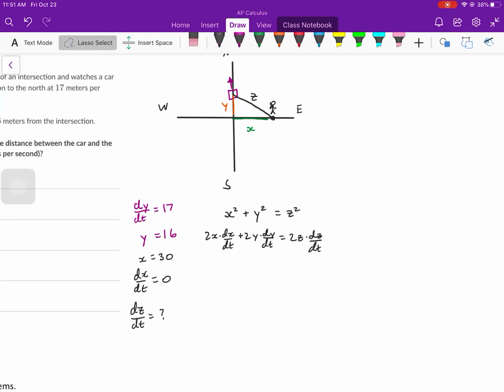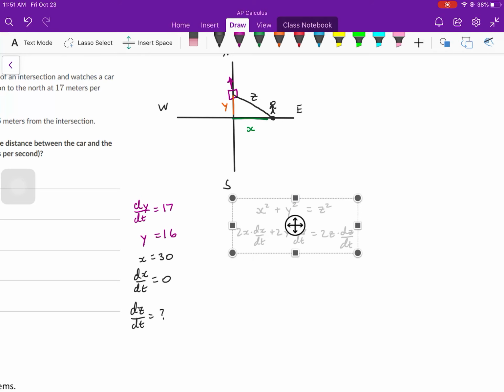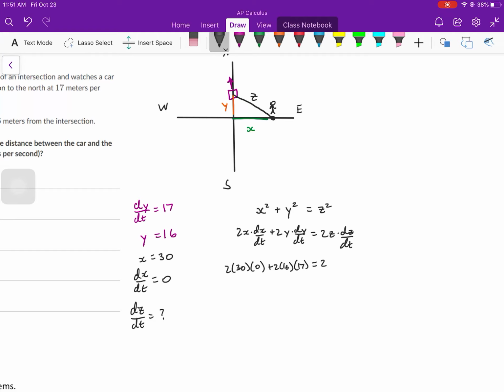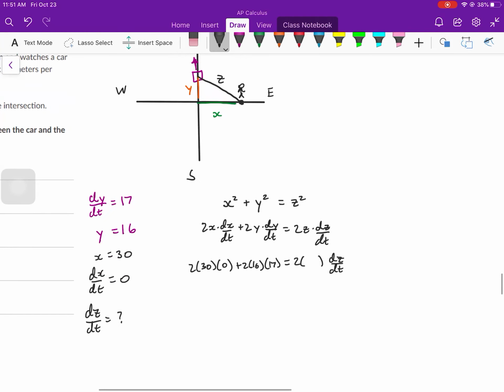So let's plug in all the information. So we'll have 2 times 30 times 0, because he's not moving at all, plus 2 times 16 times 17 equals 2 times z times what we're trying to find, dz/dt. What is z? Well, we're going to find z from here.